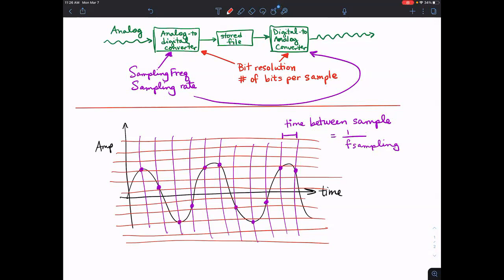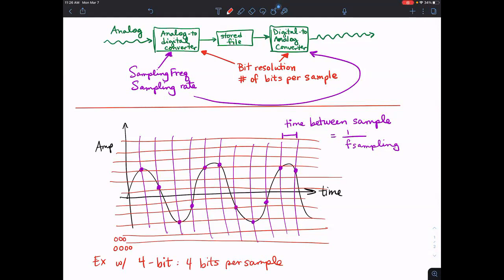The number of bits per sample means that, for example with 4-bit binary numbers, anything below this last line would have a value of 0000.